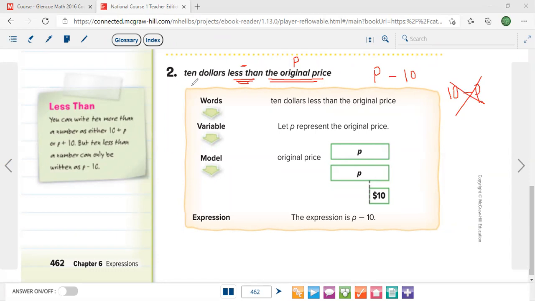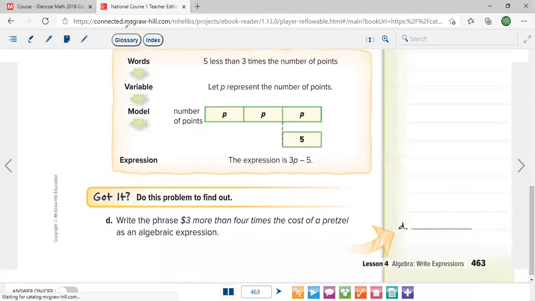P minus 10. $10 less than P, so we switch. We begin with P. If we use less than, we switch. P minus 10. Another problem.